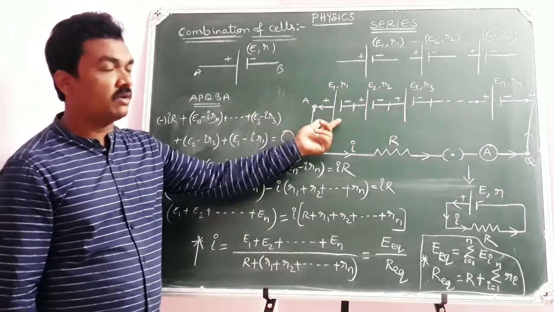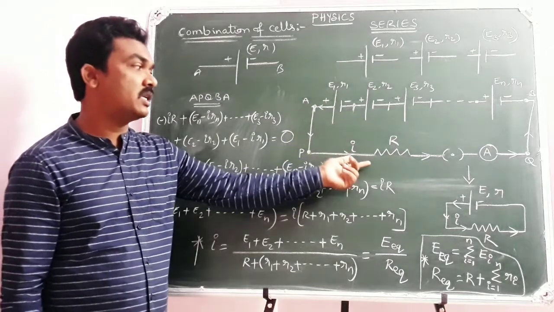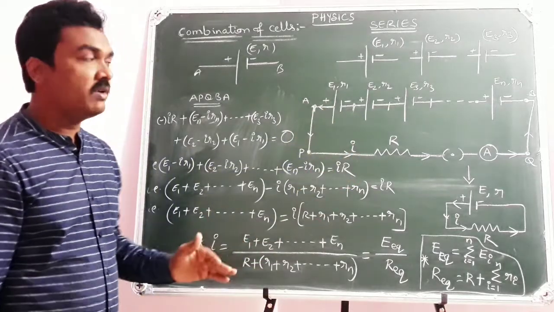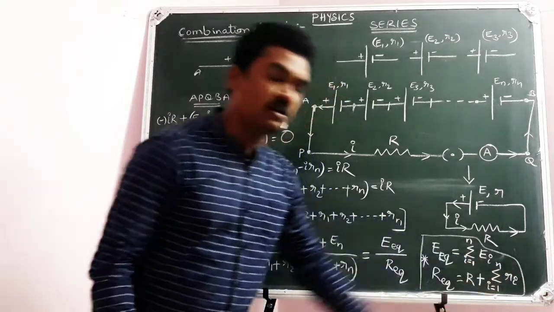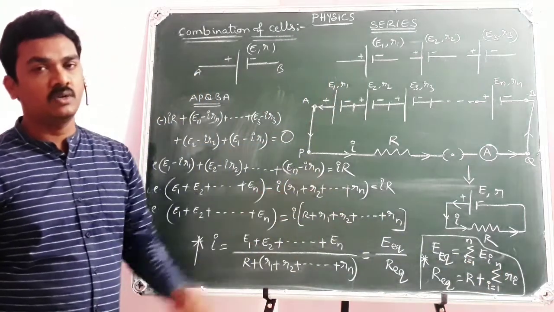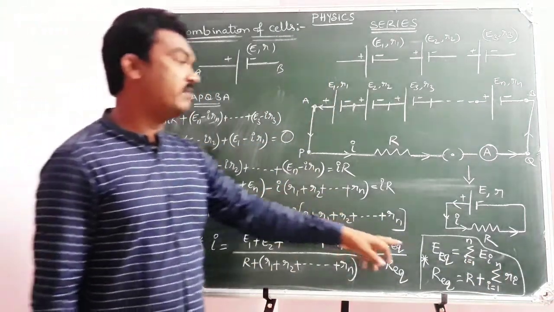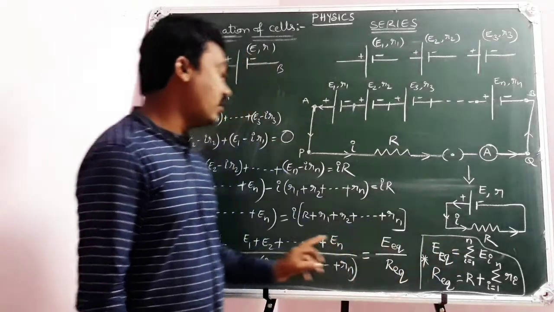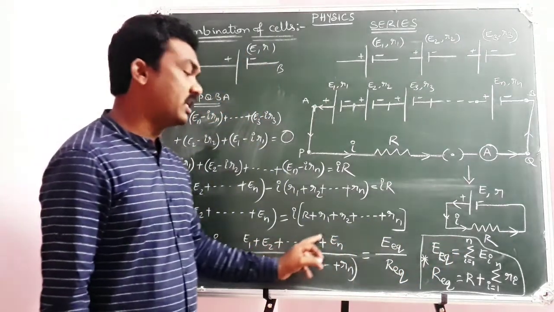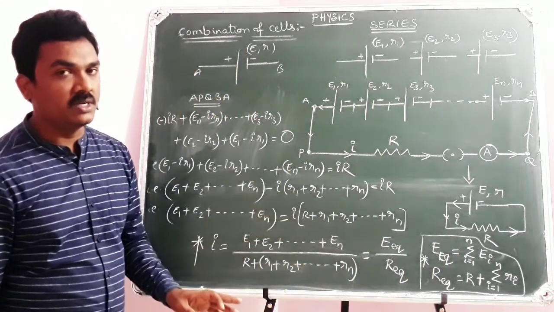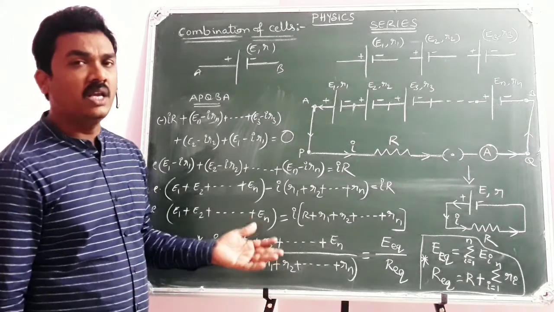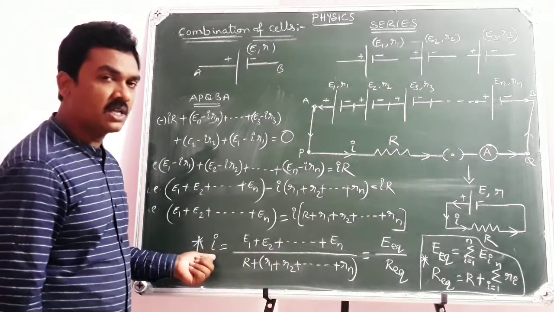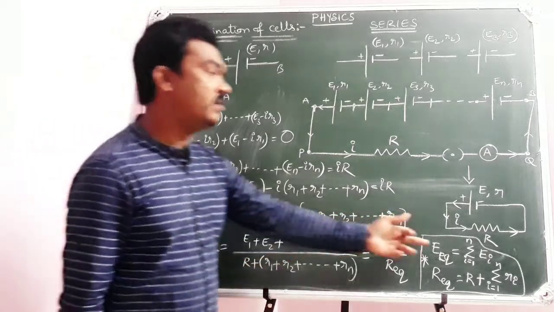If the series combination of cells is given to an external resistor R, then the equivalent resistance of the circuit is R plus sigma Ri, i equal to 1 to n. And equivalent EMF will be the sum of all the individual EMFs that are connected in series combination. So now if you wish to write an equation for total current in the electric circuit, I is equal to E by R.